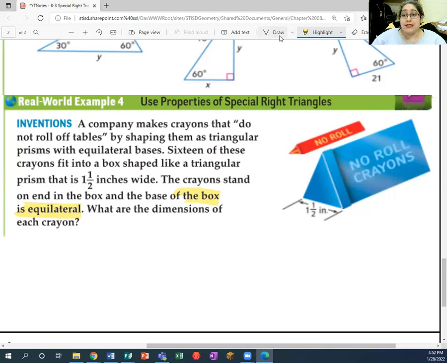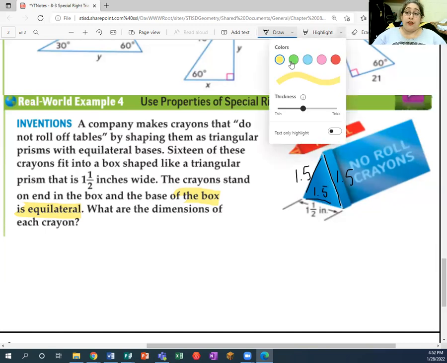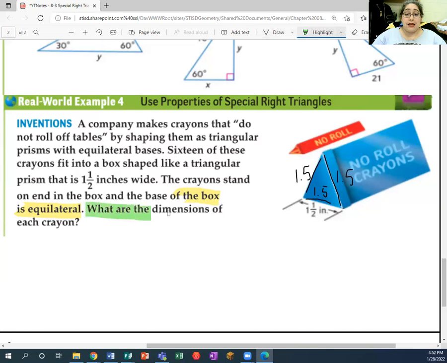So all of these sides here are going to be 1.5 inches long. I'm going to transform those into decimals just to make them a little easier to think about. So all of these sides are 1.5 inches long. The question we've been asked is, what are the dimensions of each individual crayon that fits inside this box.